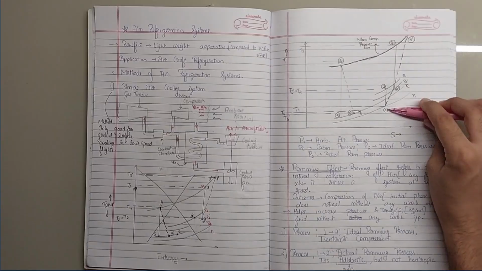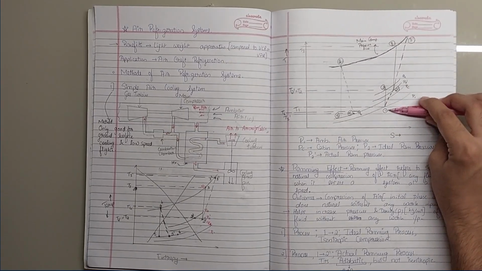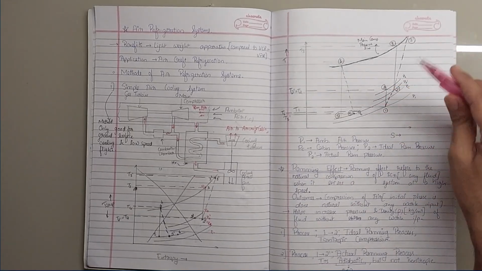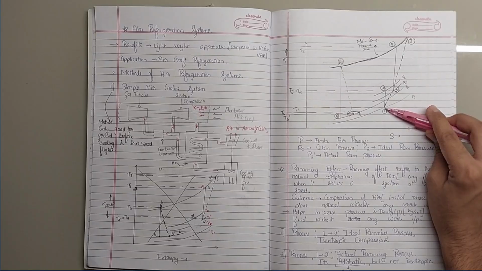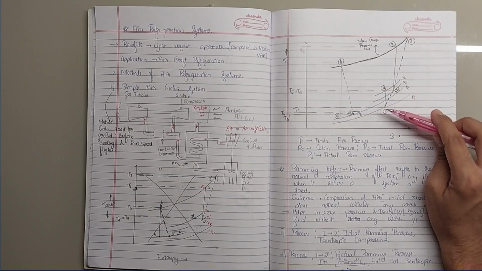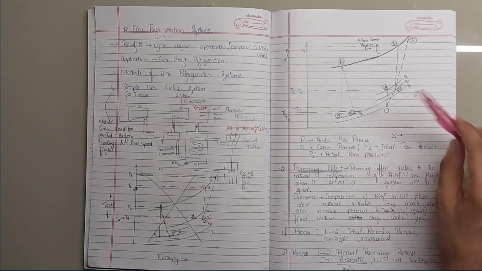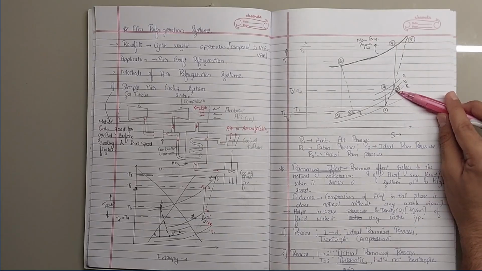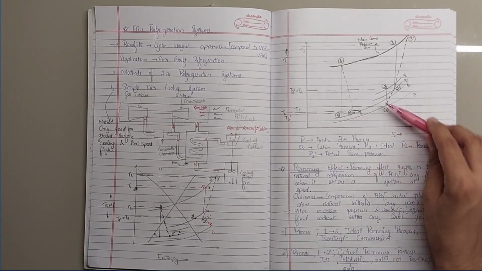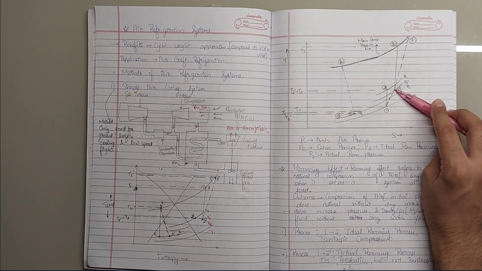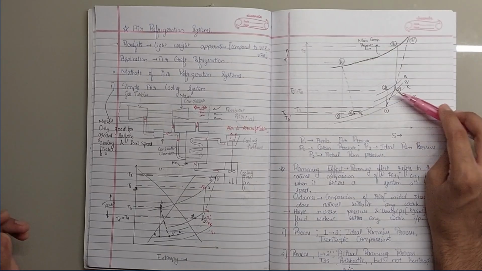Here we can see 1 to 2 dash is the ramming effect. 1 to 2 is the ideal ramming effect, but due to irreversibilities and friction, the process goes from 1 to 2 dash. P1 is the ambient air pressure, and it goes to P2 dash, which is the actual ramming pressure. After the ramming effect, the pressure of the air increases naturally without any work input.